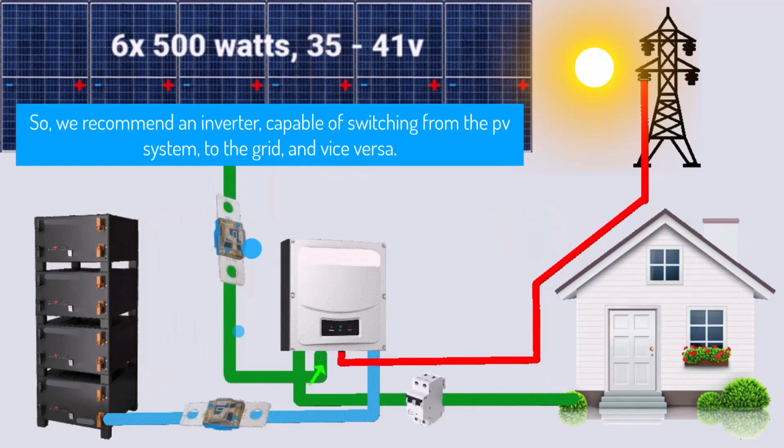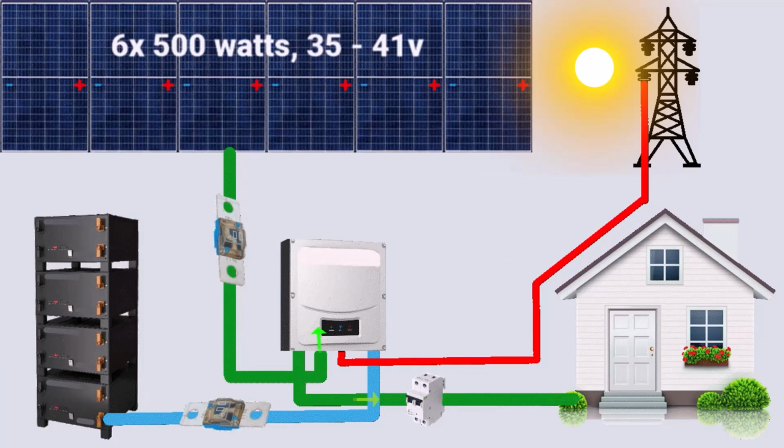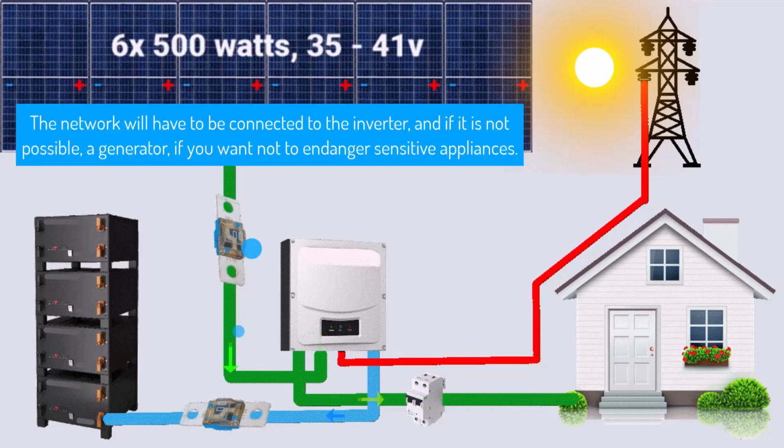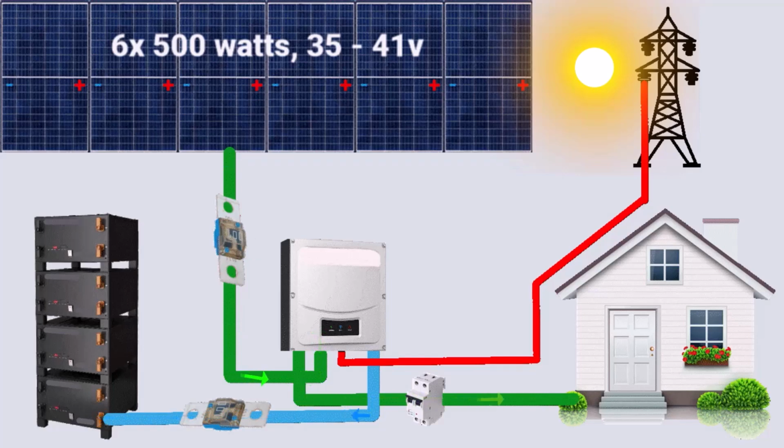So, we recommend an inverter capable of switching from the PV system to the grid, and vice versa. When solar panels power the system again, the inverter should switch back to the PV, or partially. The network will have to be connected to the inverter, and if that is not possible, a generator, if you do not want to endanger sensitive appliances.